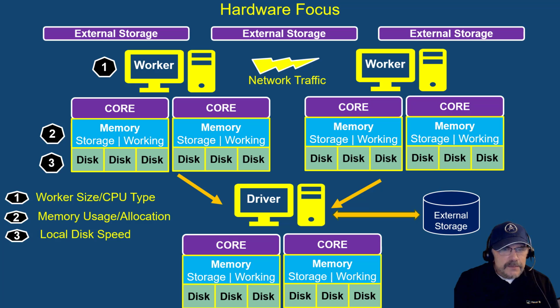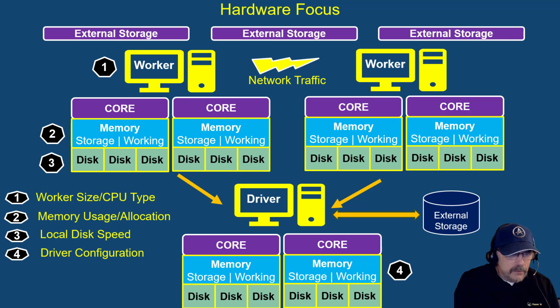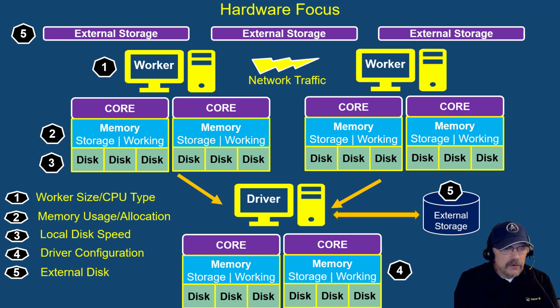The local disk speed, as I mentioned, for the disks being written to, makes a big difference. How fast is it? Driver configuration, like the Databricks runtime, will make a big difference as well, and how you configure the driver itself. And finally, external disks: you want to make sure those are in the same region, and in Azure I don't think you can not have them in the same region, but also consider any way you can get it to be as fast as possible.